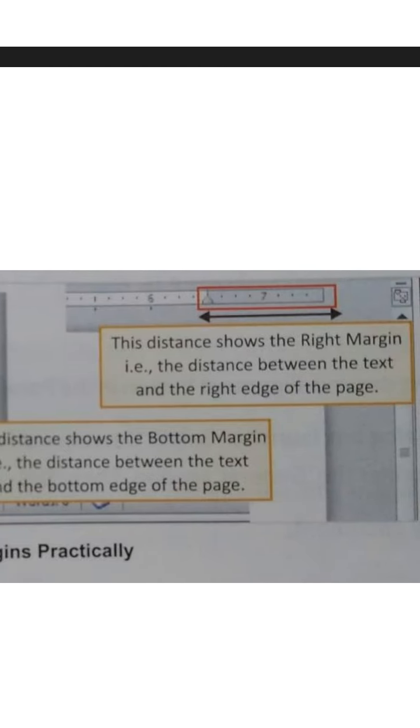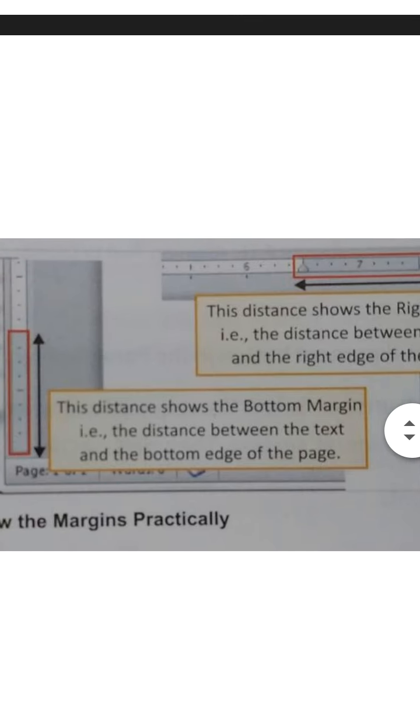And not only from here, one dialog box is here in the paragraph or in the page setup. From that dialog box you can set the margin also. In the next concept it will come and I will show you from that dialog box how to change the margin, left, right, top or bottom.